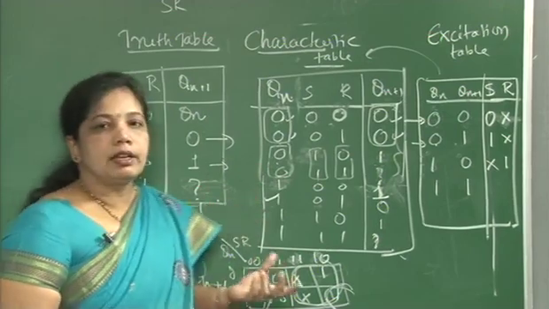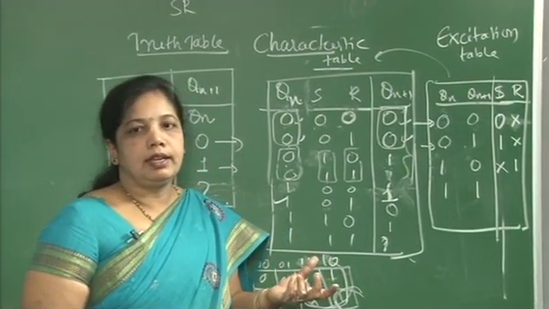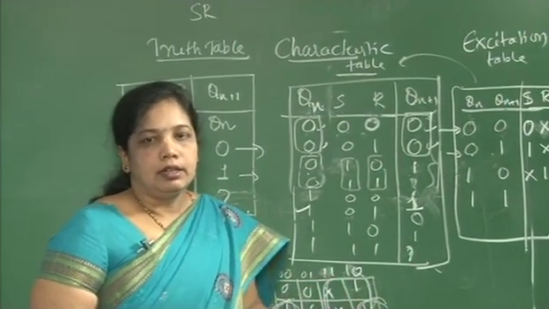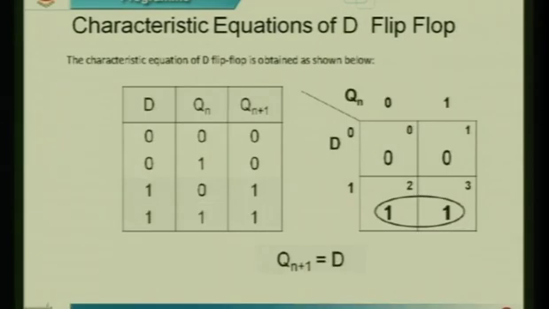Similarly, we can generate the same thing for all flip-flops: SR, JK, D and T. You can see here the characteristic equations generated for the SR flip-flop. Same thing for the D flip-flop, the present and next state.